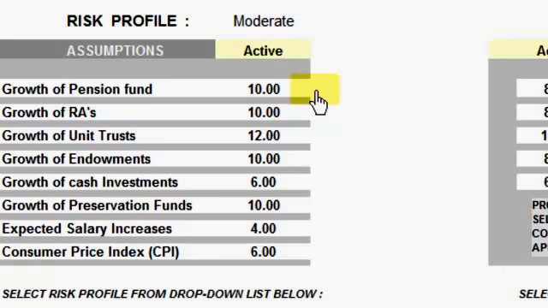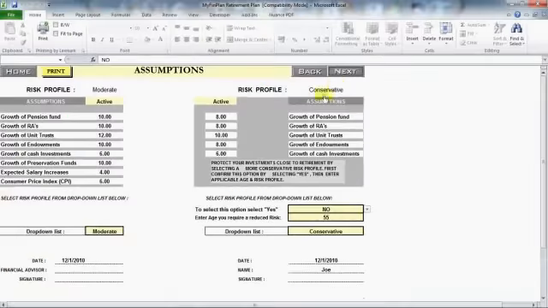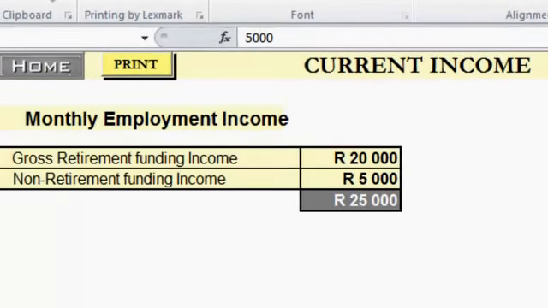For example, growth in his pension fund 10%, growth in retirement annuities 10%, unit trusts 12%, endowments 10%, growth in cash investments 6%, preservation funds 10%. And we also need to take into account future salary increases and what we expect the consumer price index to be. Let's go on to the next page.